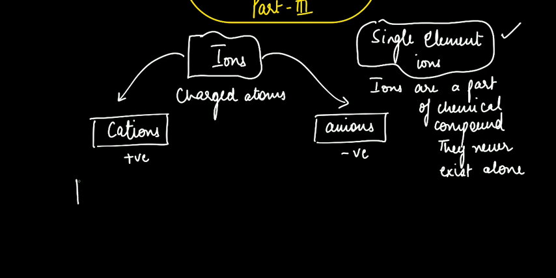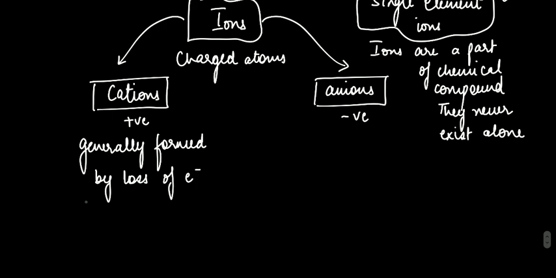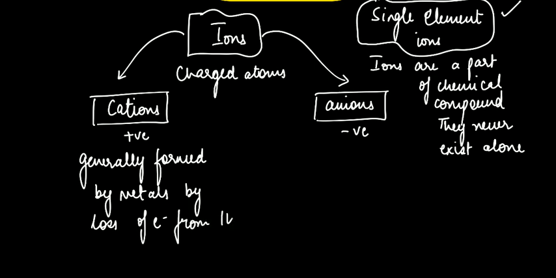These are positively charged atoms, generally formed by metals, by loss of electrons from their outermost shell.